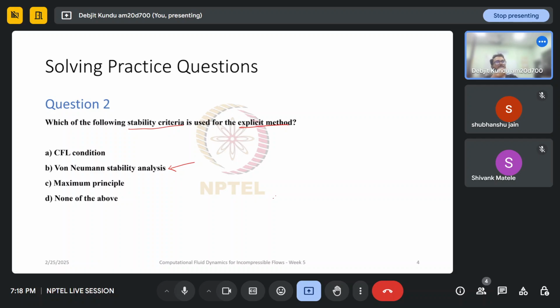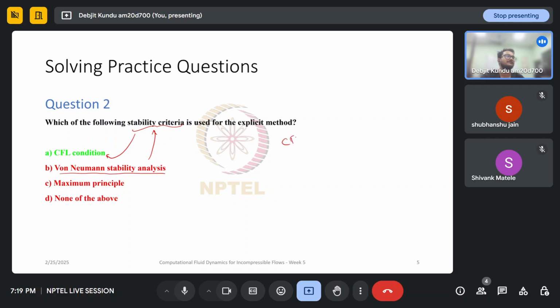So let's take a look at the solution. It's actually option A. Von Neumann stability analysis is basically an analysis tool that gives us what the stability criteria is. And the stability criteria is often called the CFL condition or the CFL criteria.